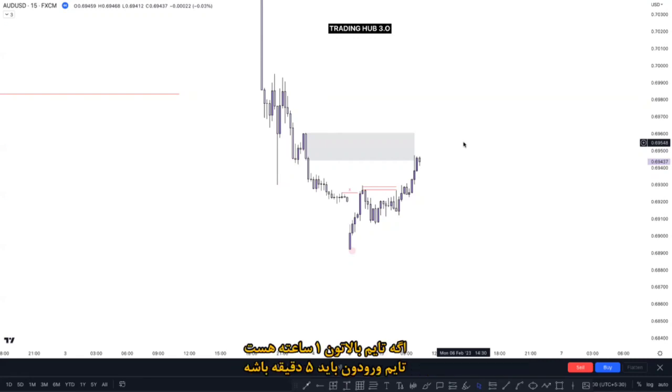Okay, but if you are using H1 as a higher time frame, then you can use 5 minute for entry, and if you are using 4 hour as a higher time frame, then you can use 15 minute as an entry time frame, right? So it depends on you, which time frame is suitable for you.